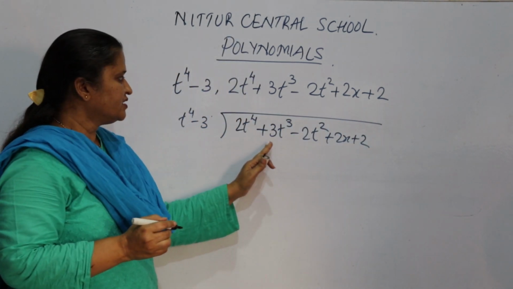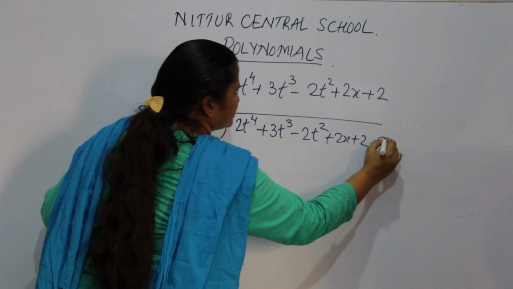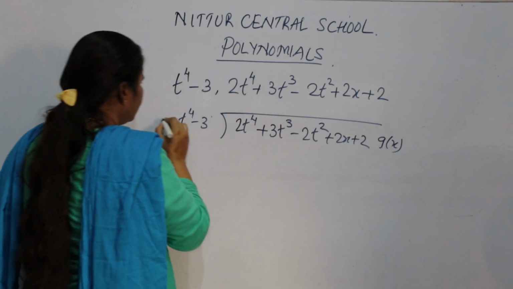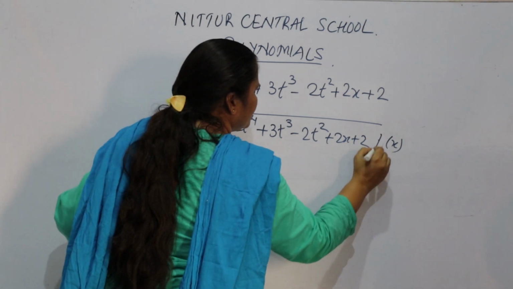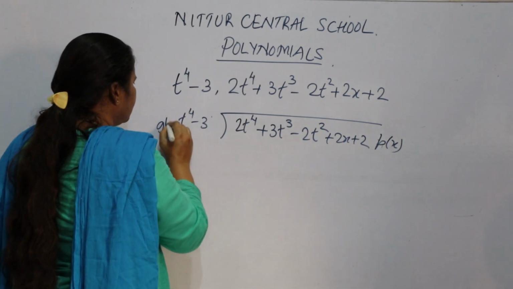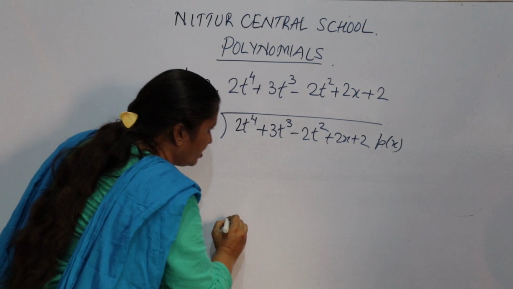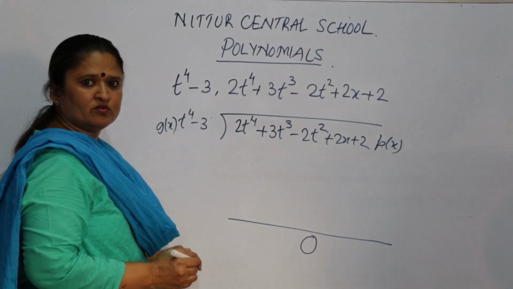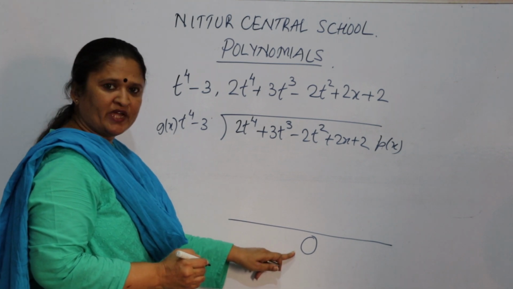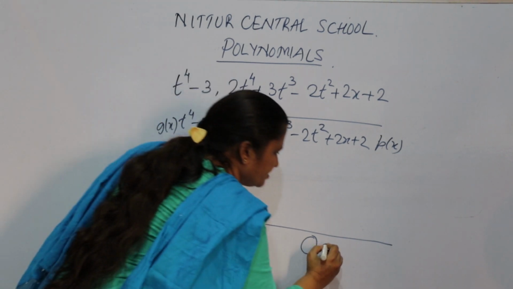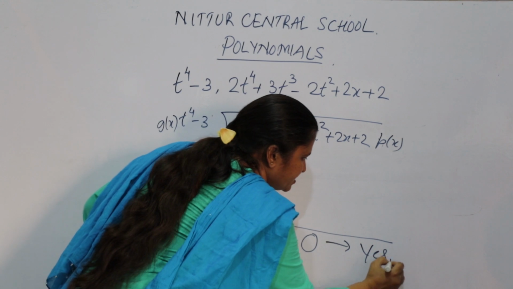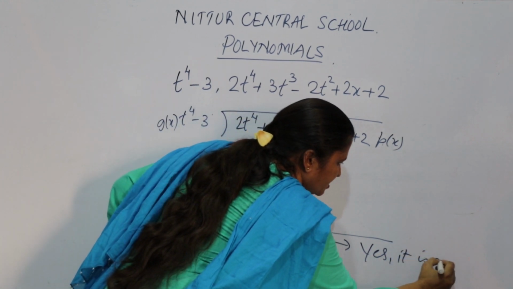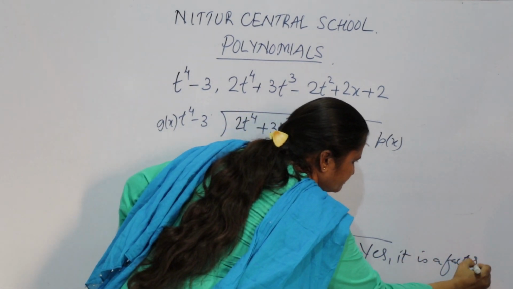When you divide this P of x by this G of x, your remainder should be 0. If you get remainder 0, then yes, it is a factor.